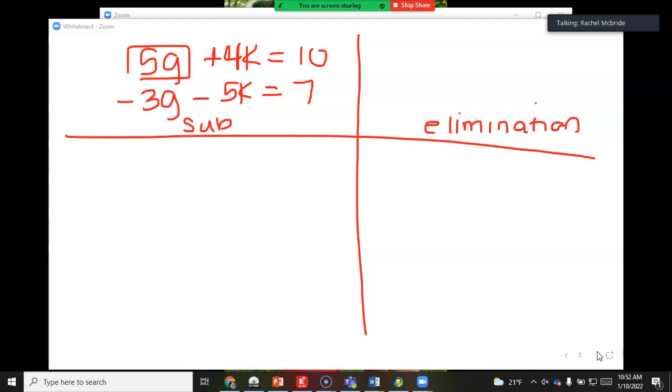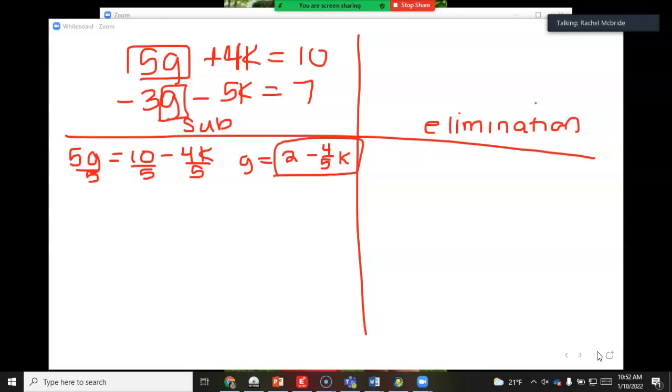So you have 5g equals 10 minus 4k. Divide both sides by 5. 10 divided by 5 is 2. So then you're going to replace the g in this problem with 2 minus 4k.